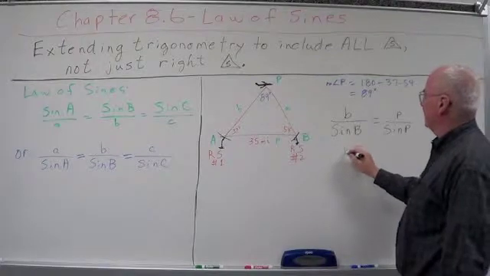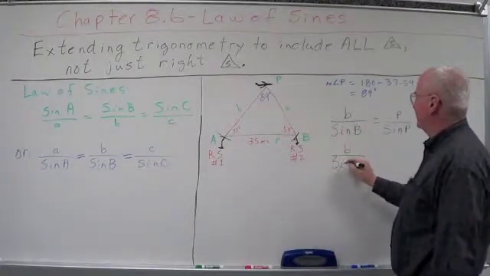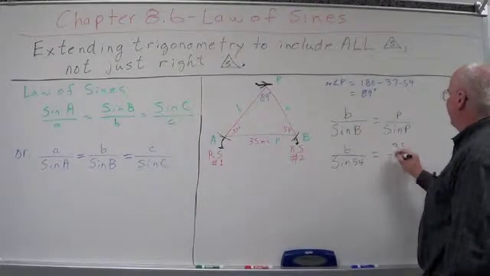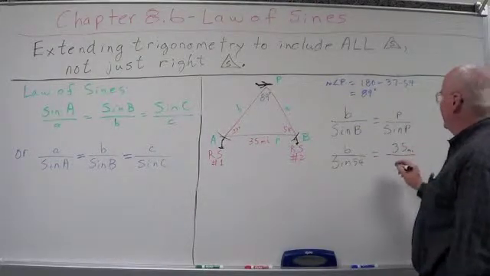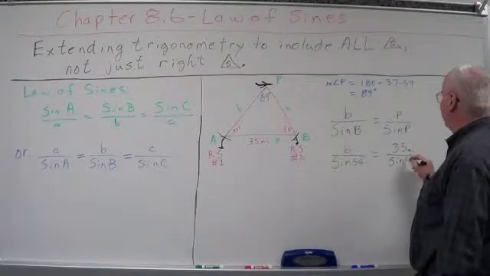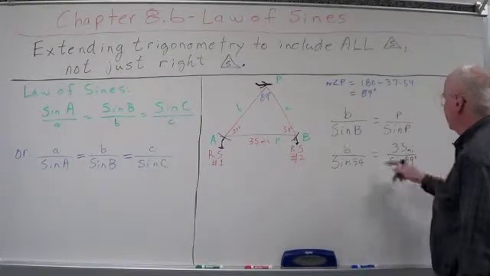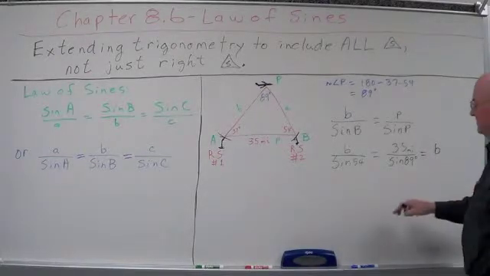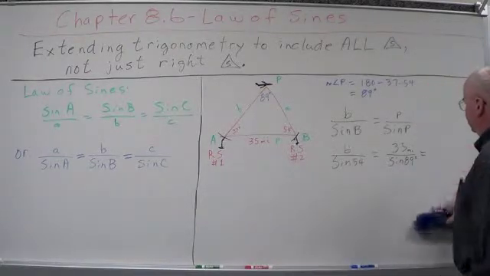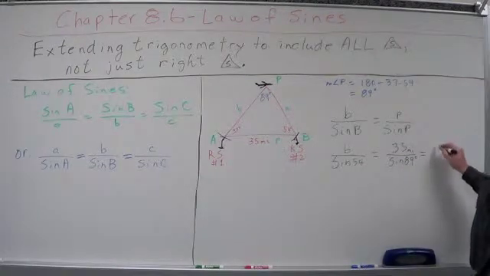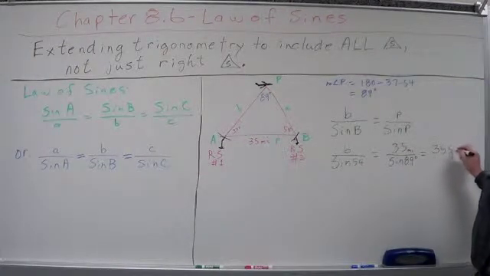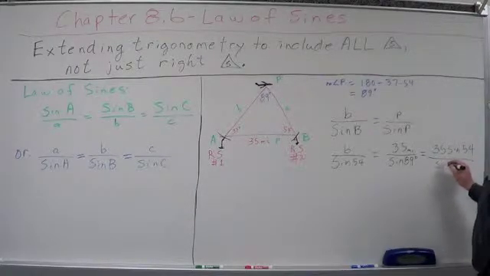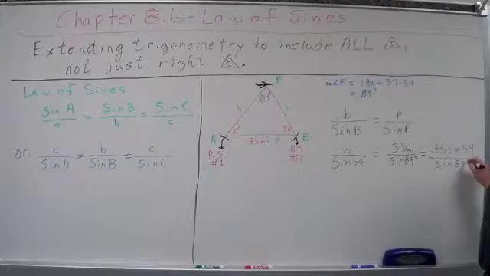We don't know, so we're going to have B divided by sine of 54 equals 35 miles divided by sine of 89. Multiplying over, B equals 35 sine of 54 divided by sine of 89.